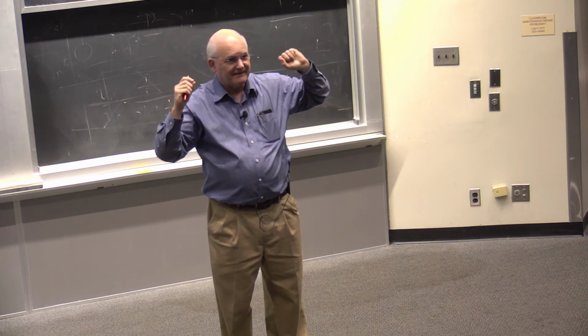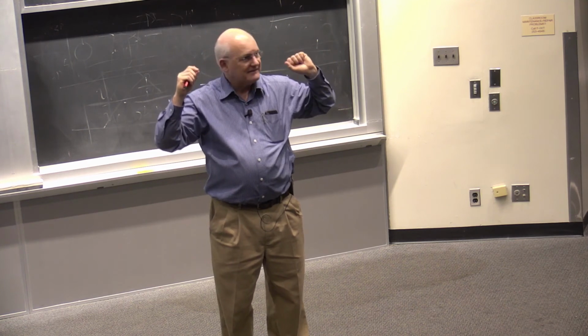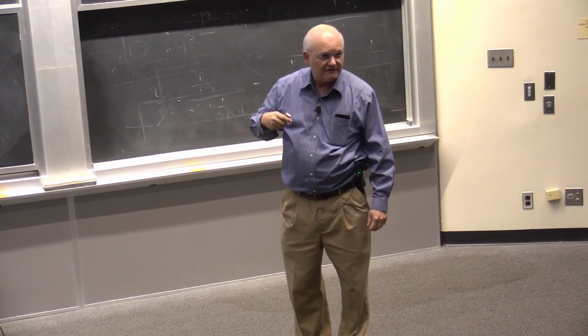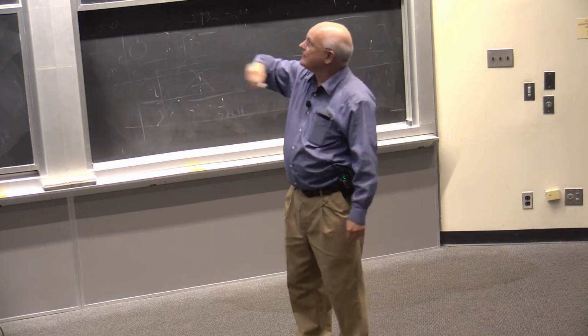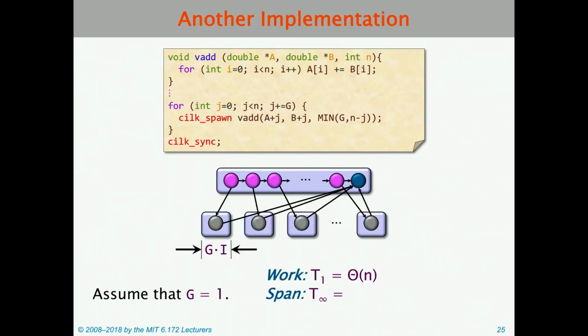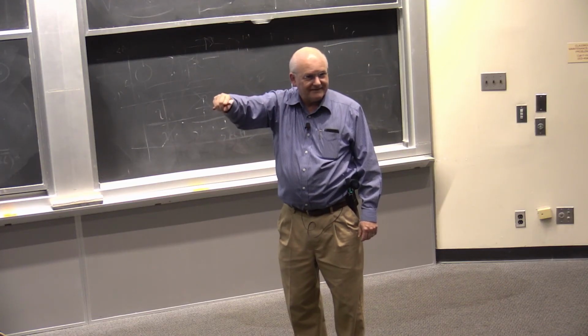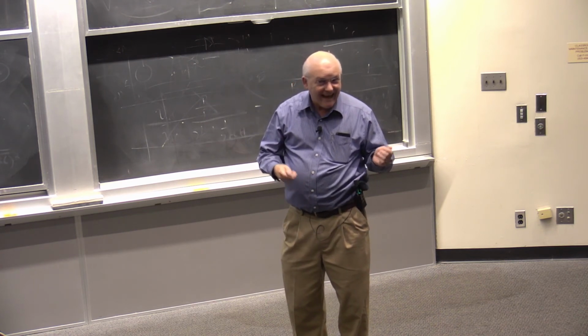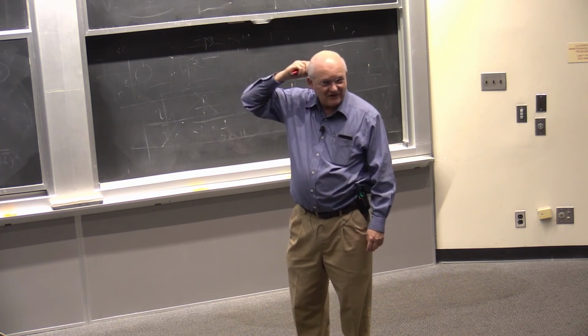So where does the longest path in the whole DAG start? Upper left, right? And where does it end? Upper right. How long is that path? It's going to go all the way down the backbone of the top, and then blip down and back up. If G is 1, how many things am I spawning off there? N things, so the span is order n. It's long.